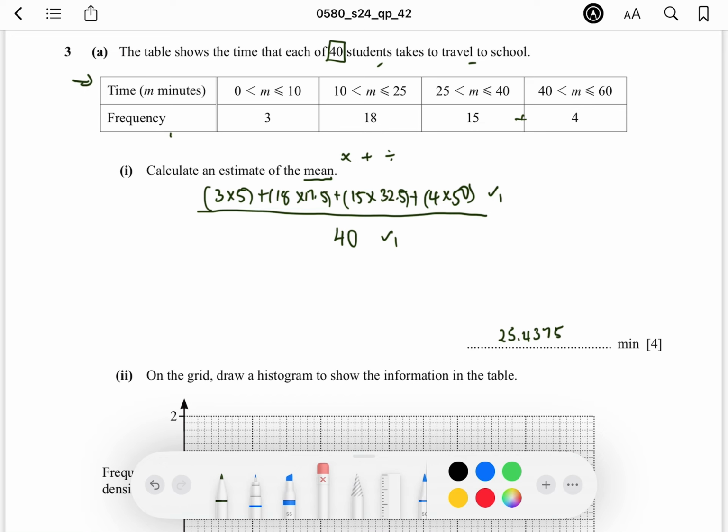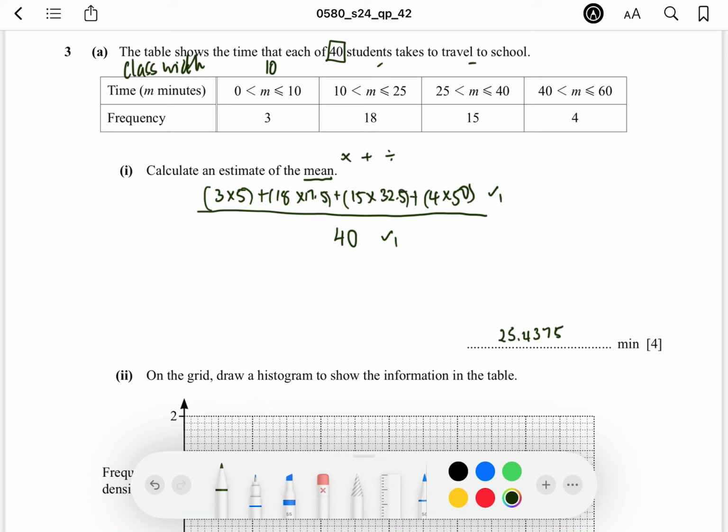So what needs to be done is we gonna look for class width dulu. Class width between 0 and 10 berapa tu? Ada 10 lah. Size of the interval.